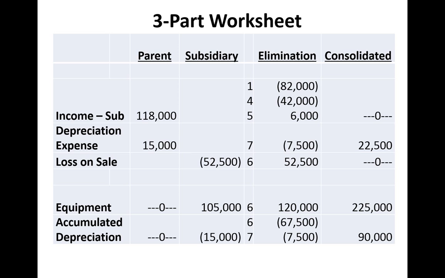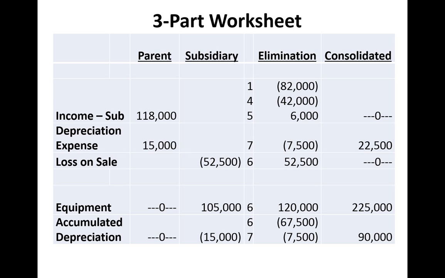The three-part worksheet gives us, I think, a little clearer picture. We look at this, we see that we've eliminated all the items to income sub. We've established the depreciation expense to 22.5. We have eliminated the loss. We have reestablished the equipment to its correct value of 22.5. And we can see through the combination of EJE 6 and 7 that we have established accumulated depreciation to be its correct value of 22.5.